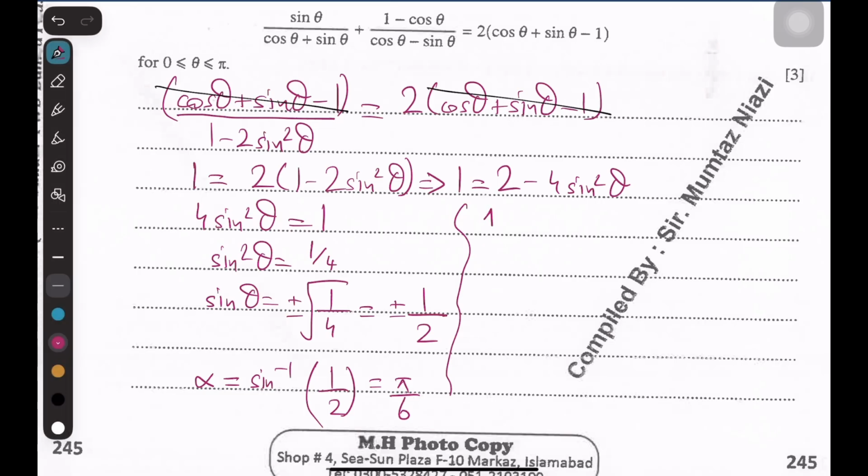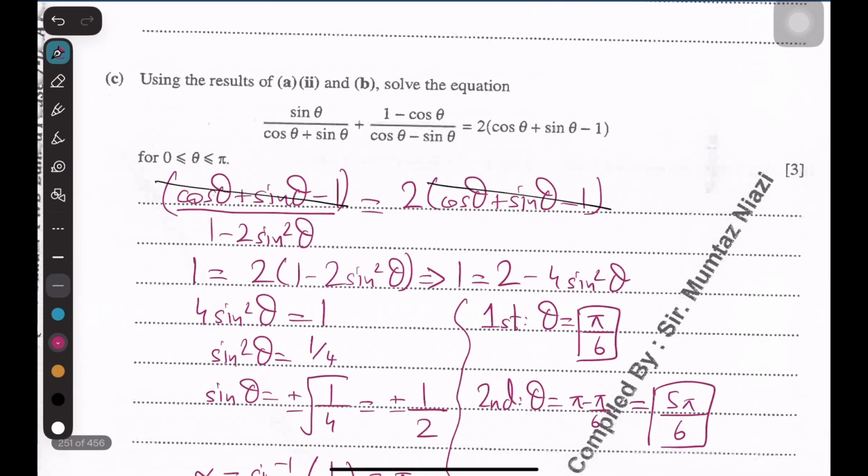Now in the first quadrant, theta should be equal to alpha, so theta will be equal to pi by 6. And in the second quadrant, we have theta equals pi minus alpha, so pi minus pi by 6, which will be equal to 5 pi by 6. So these are two of the values that we have gotten.